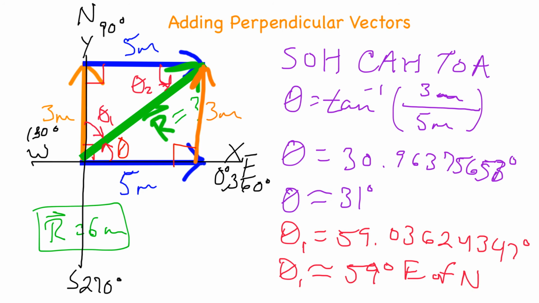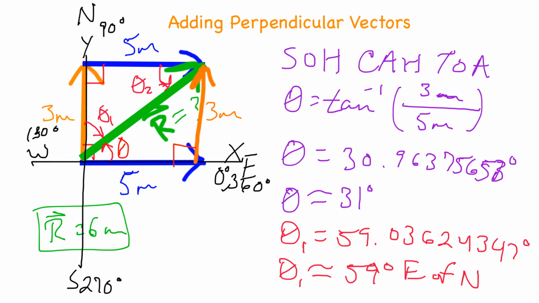Alright, so in order to completely say what this vector is, in order to name that vector, just like this one was 5 meters in the positive x direction, or you could have said 5 meters east, and this is 3 meters in the positive y direction, or 3 meters north. It has magnitude and direction. Our resultant vector has to have magnitude and direction.